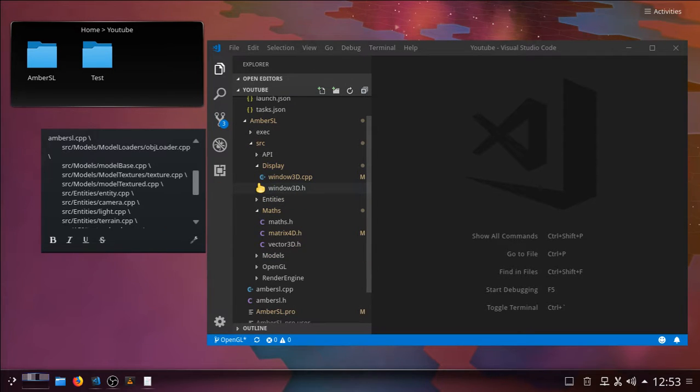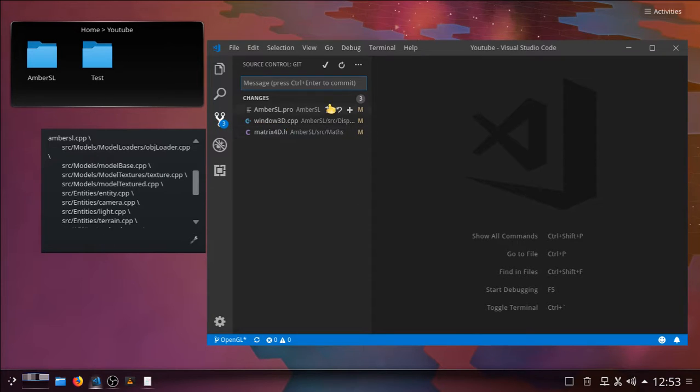Right, let's get this saved out. So that becomes add, and that is a window. Yeah, 3D update to mat4.